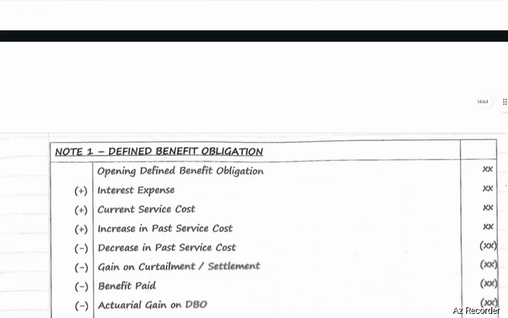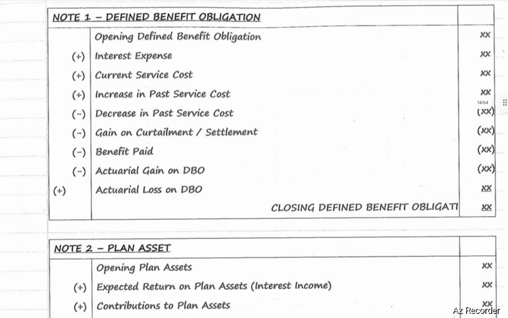Next, how to calculate defined benefit obligation. Format for calculating defined benefit obligation: opening defined benefit obligation plus interest expense plus current service cost plus increase in past service cost minus decrease in past service cost minus gain on curtailment or settlement minus benefit paid minus actual gain on defined benefit obligation plus actual loss on defined benefit obligation.